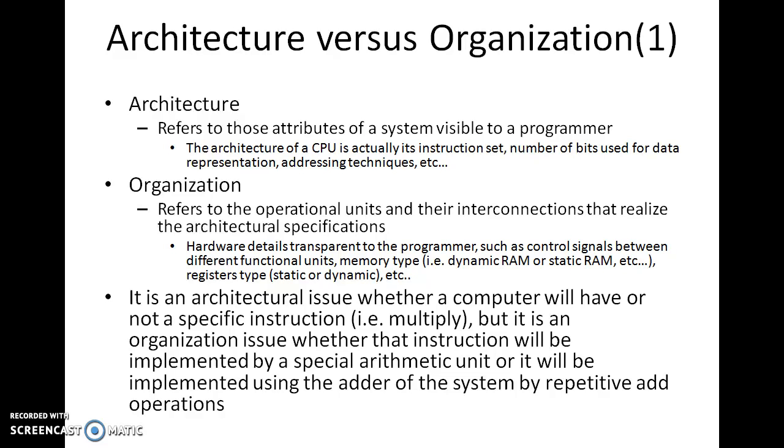Architecture refers to those attributes of a system visible to a programmer. And what about organization? It refers to the operational units and their interconnections that realize the architectural specifications.